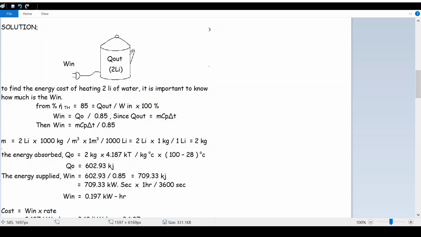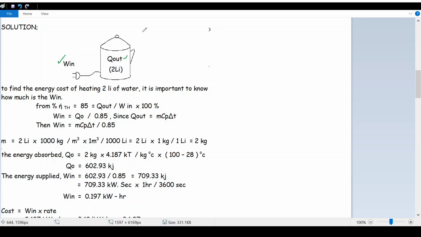So say this is our heater. Our energy input is electricity, and energy output is the heat absorbed by the water.